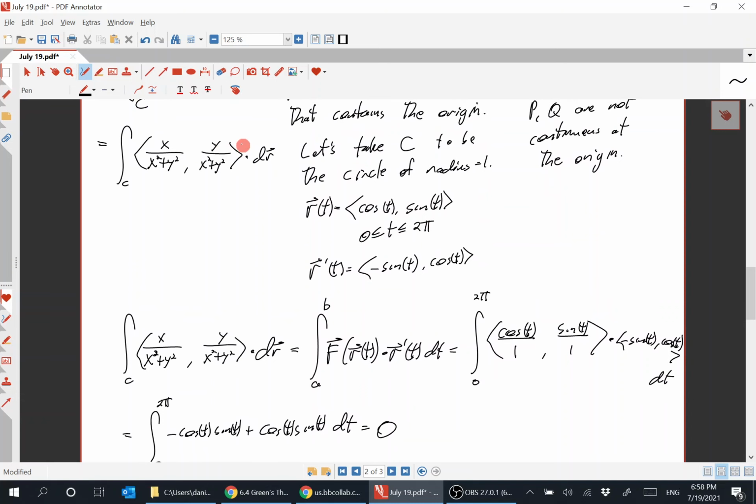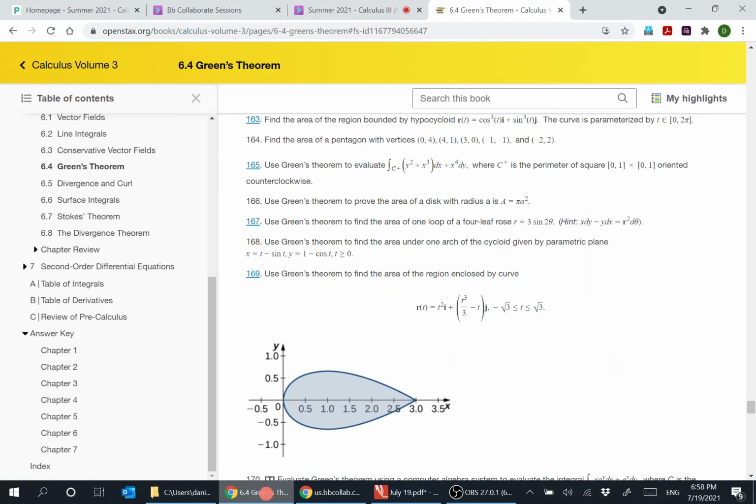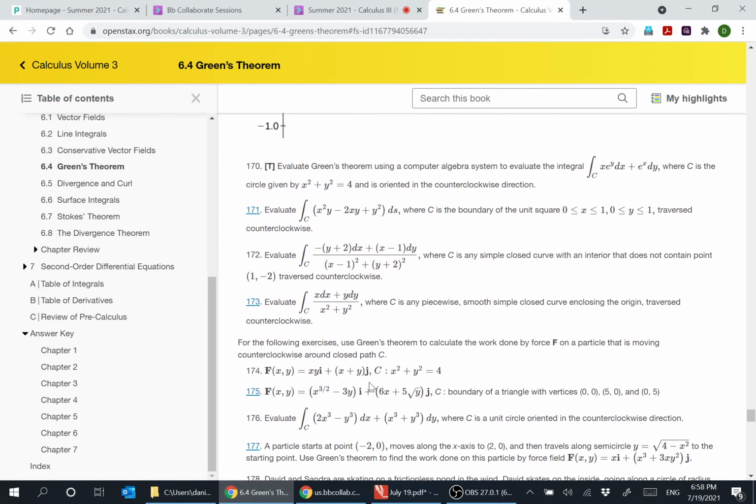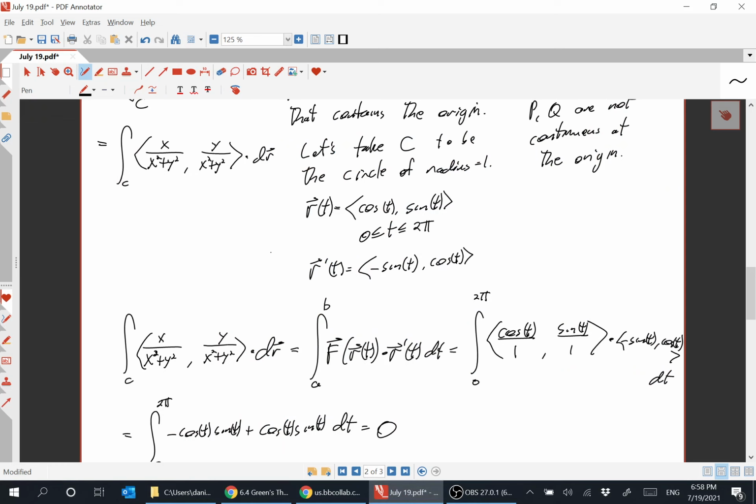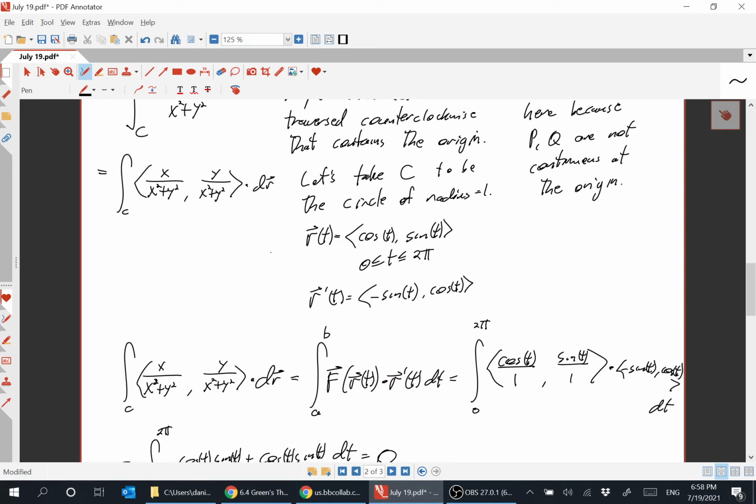Do I have this backwards? x dx, y dy. And then r prime is minus sine t, cosine t.